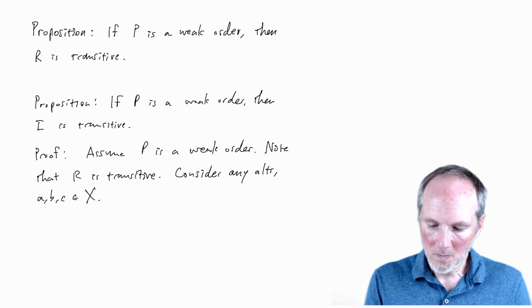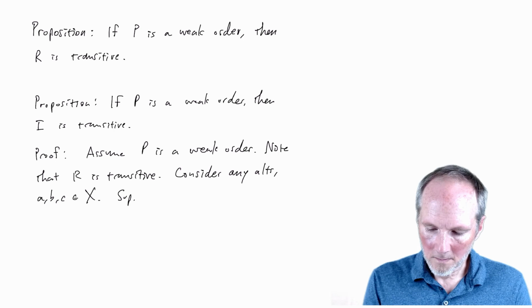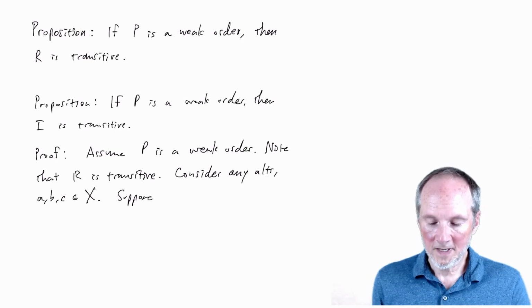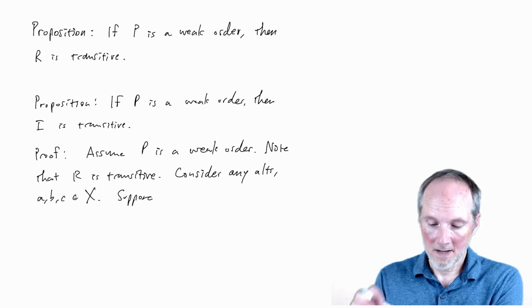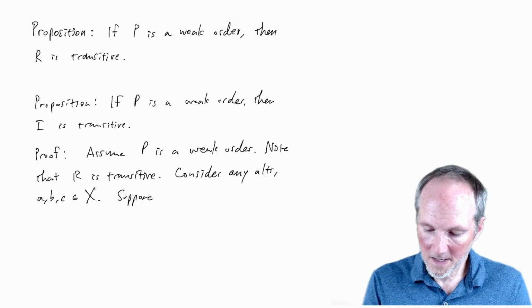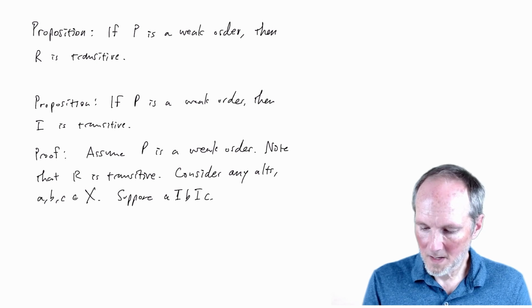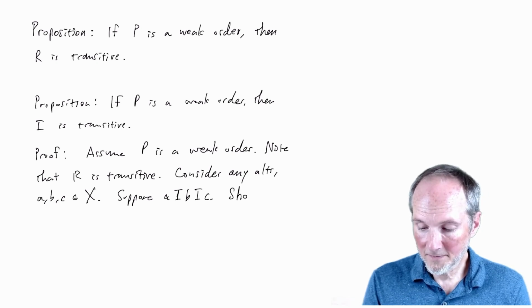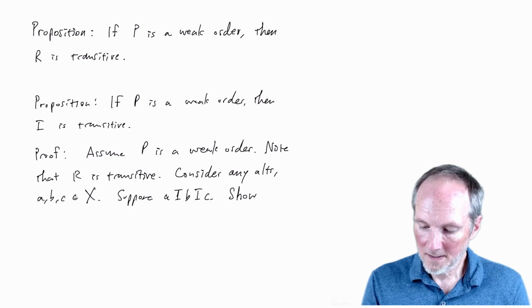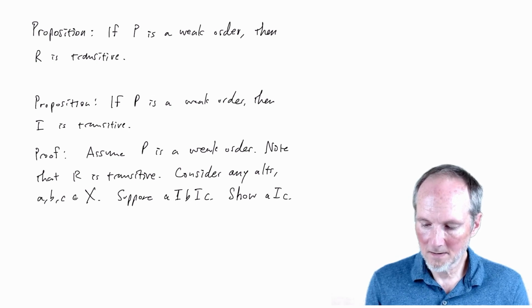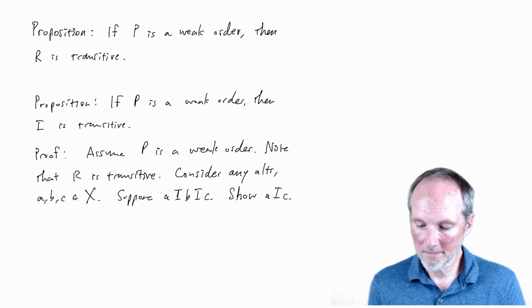And I want to show that if it happens that A is indifferent to B and B is indifferent to C, I want to show that if that happens to be the case, the A and C are equally good. Okay.